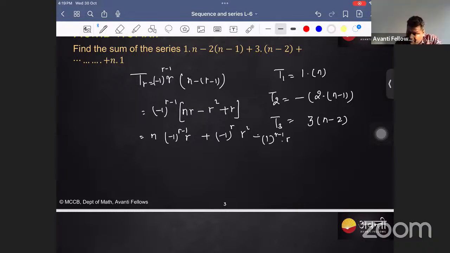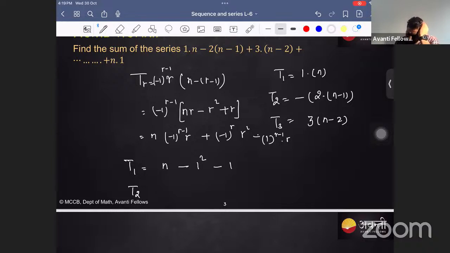Now if you see the pattern, what will be T1? T1 will be n minus 1 square, sorry, n into 1 minus 1 square plus 1.